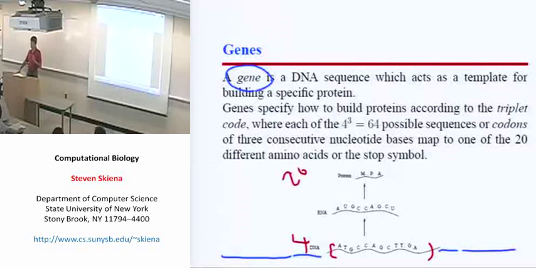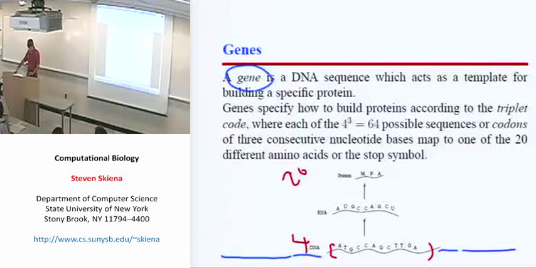Okay? And we'll talk more about that in detail later, but let me just plant a seed in your head that somehow the purpose of the genomic sequence is to tell you how to make proteins. Proteins are described by genes.